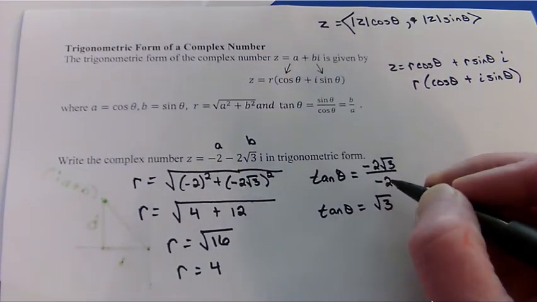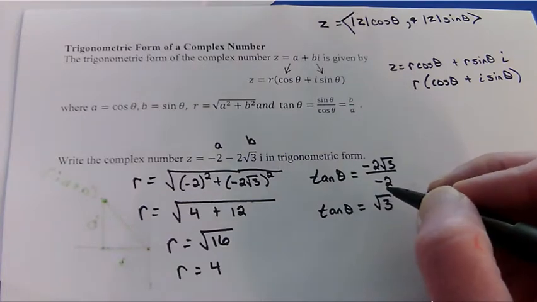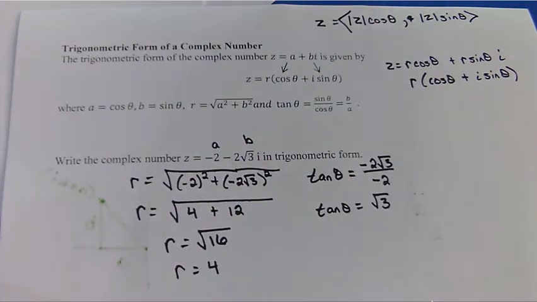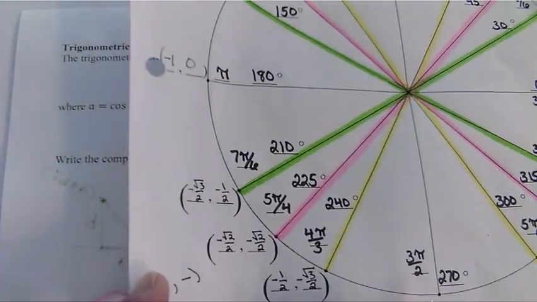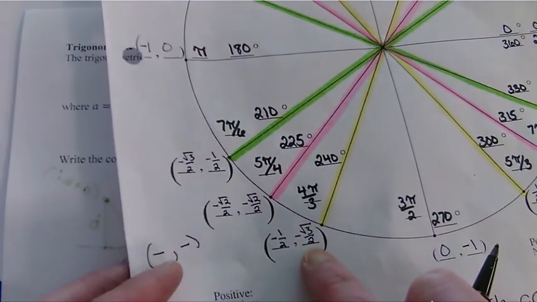And it was negative over negative, so x and y were both negative. I'm going to pull out my unit circle. Both of them were negative, and I ended up with a square root of 3. So the y had the square root of 3, the other one didn't, so it's over here.